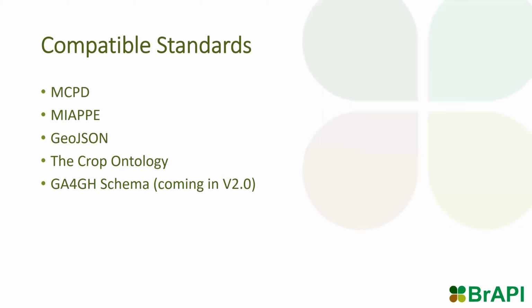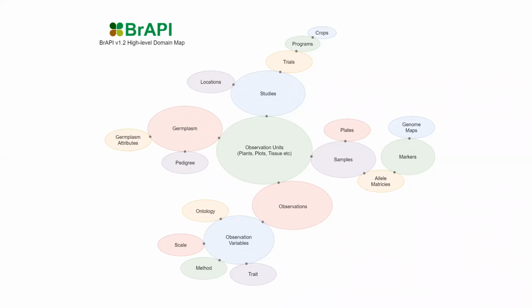Peter. Yeah. Peter, so this is Taylor Shan. So markers need to be connected to samples and to some observation unit then? Well, no. So the matrices, the allele matrices down here, is what connects markers.